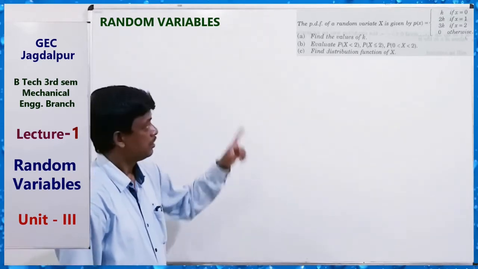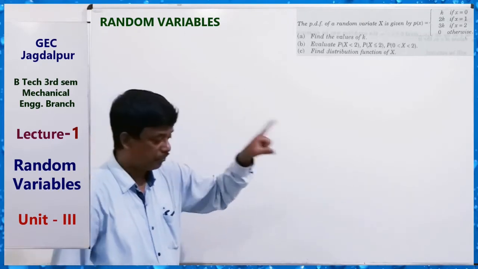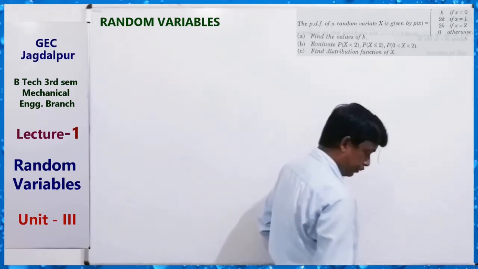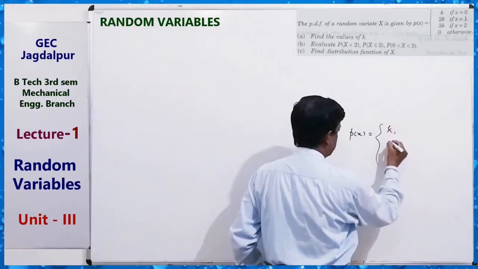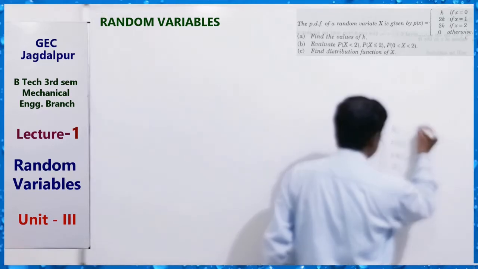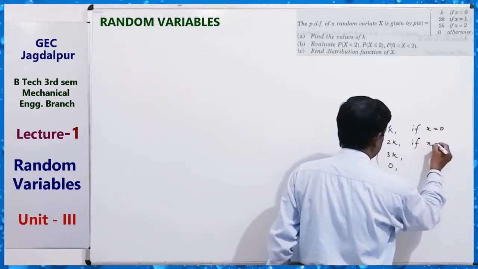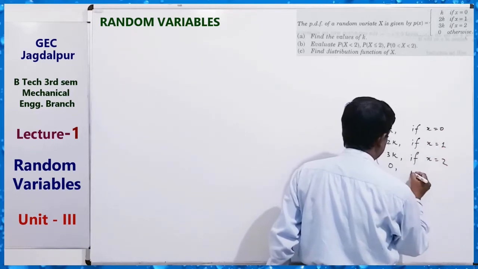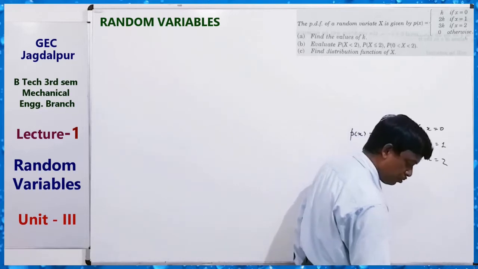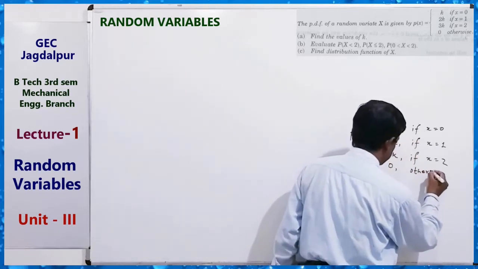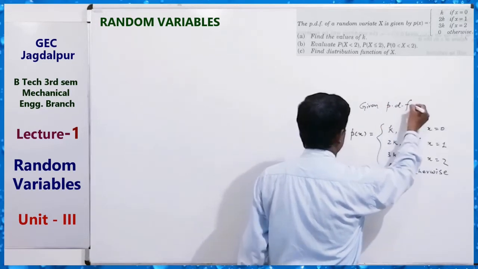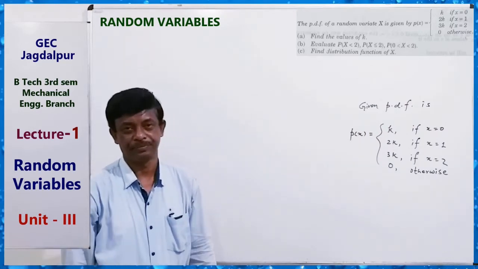So in this question, the probability function of a variate is given like this: p(x) equals k for x equals 0, 2k for x equals 1, 3k for x equals 2, and 0 otherwise. This is the given PDF.